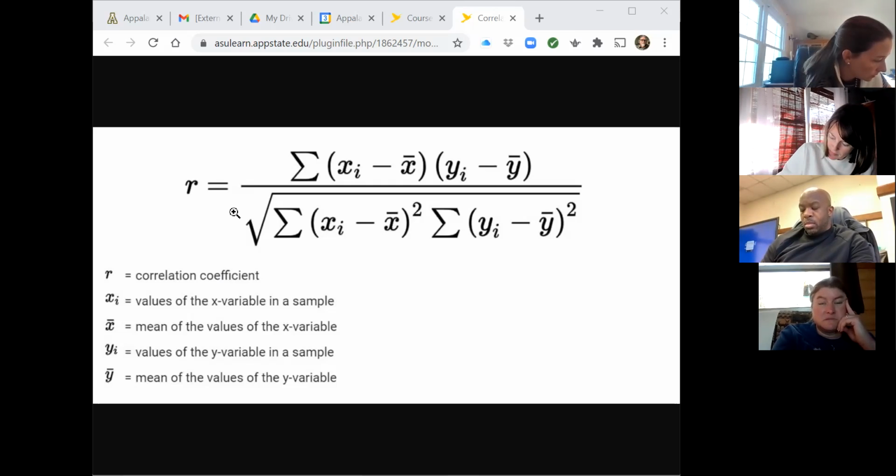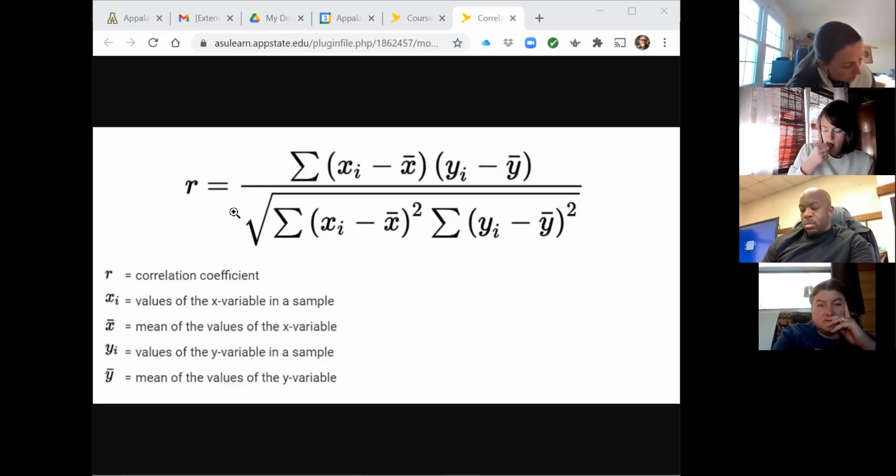If you think about this little formula here, and I don't want to confuse you, so I'll not delve too deeply into it.